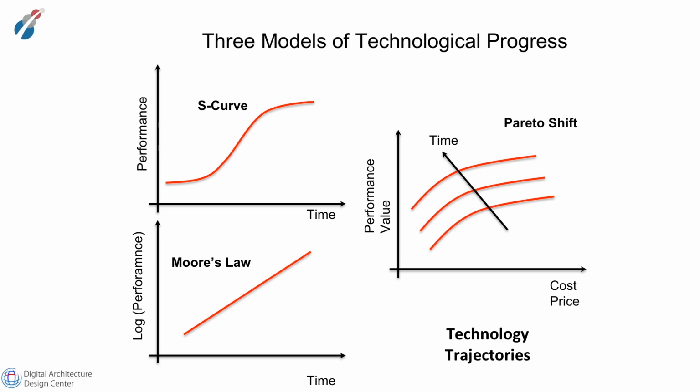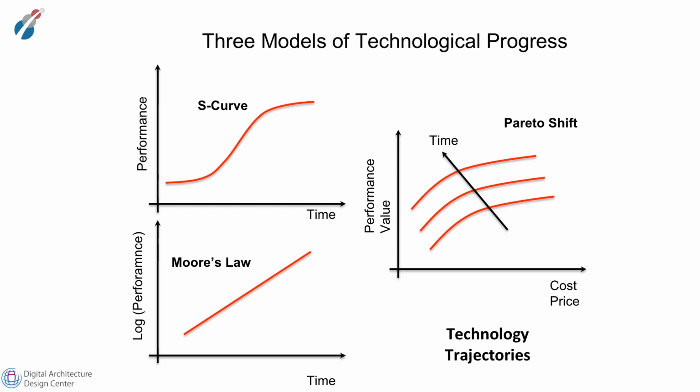We talk about it in universities and in companies, but the essence is that there aren't that many models of technological progress. There are many different technologies, but not that many ways to model technological progress. I think there are three ways to do it, three different models.